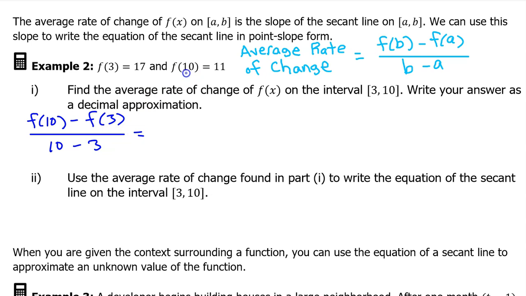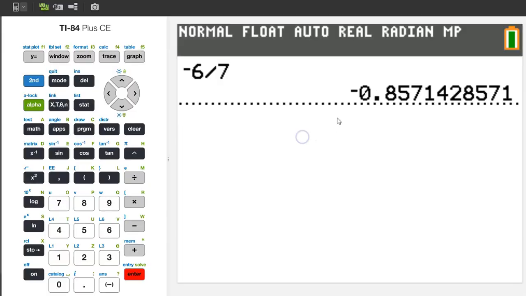We are given that f at 10 is 11 and f at 3 is 17. 11 minus 17 is negative 6, and 10 minus 3 is 7. They said to write our answer as a decimal approximation, so I'm going to also write the decimal form. To 3 decimal places, the average rate of change is negative 0.857.